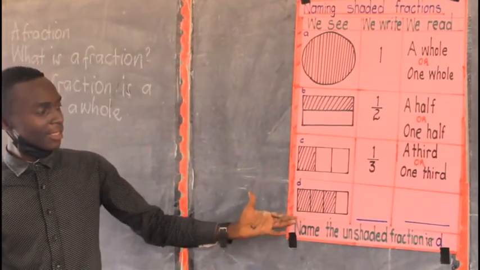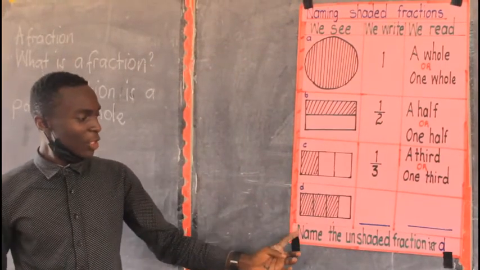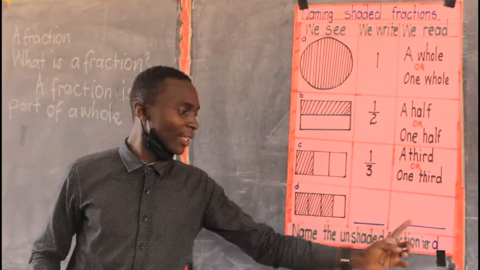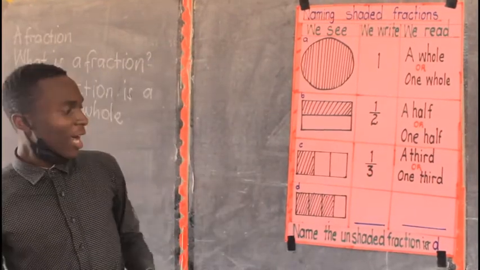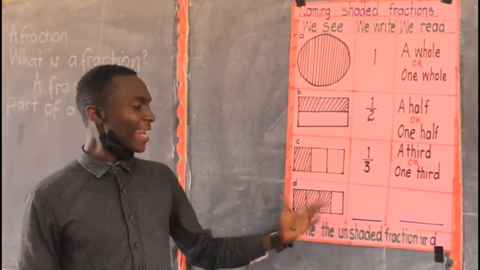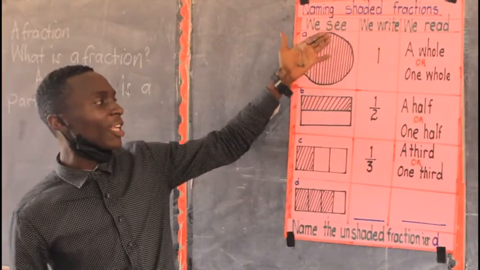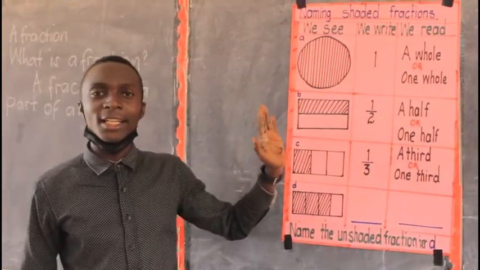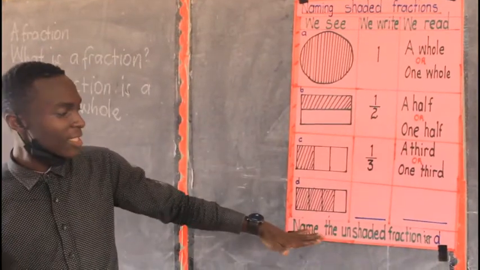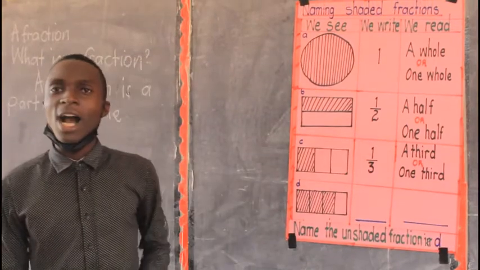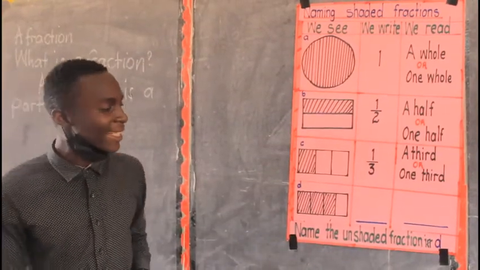Here is a challenge. It is part D. The question is, name the unshaded fraction D. Here we have been naming the shaded fractions only, but this question says, name the unshaded fraction.